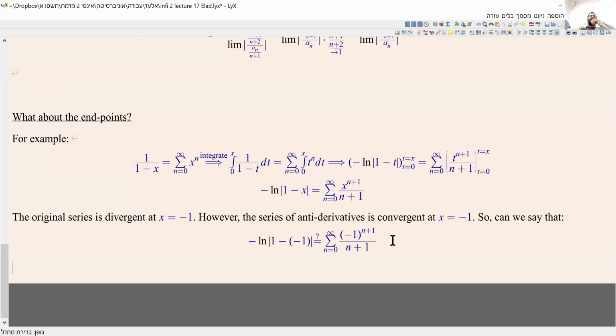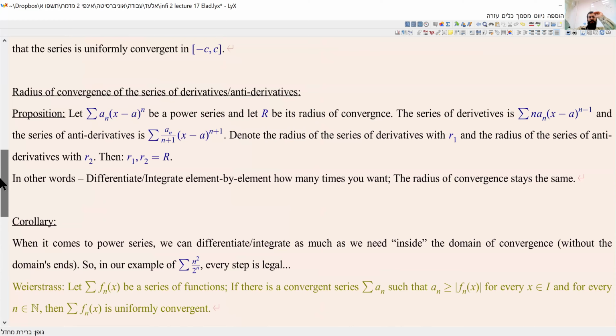Is the integration of a function always bigger than the original? It's the other way around. I mean, yes, that's the intuition behind it. If you look at the series of integrations, and we're considering only the coefficients, right? It is actually smaller than the original because you divide it by n+1. It's smaller, okay.